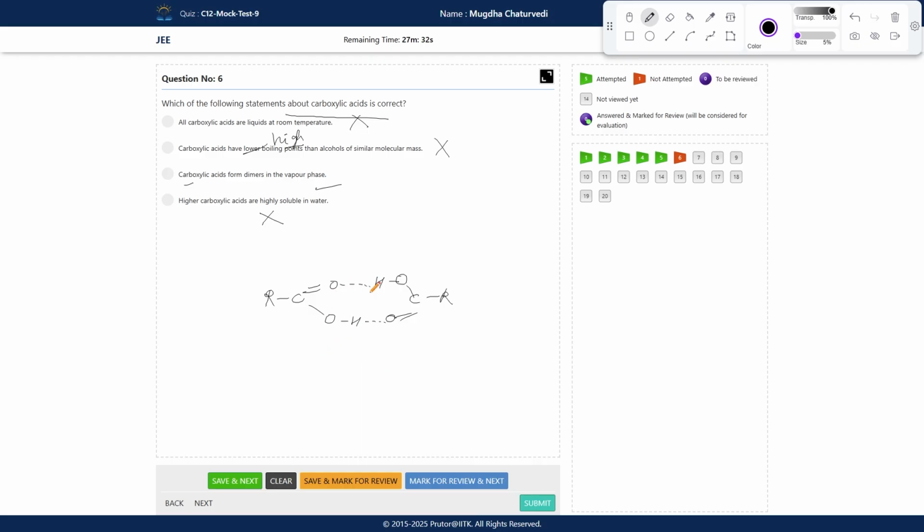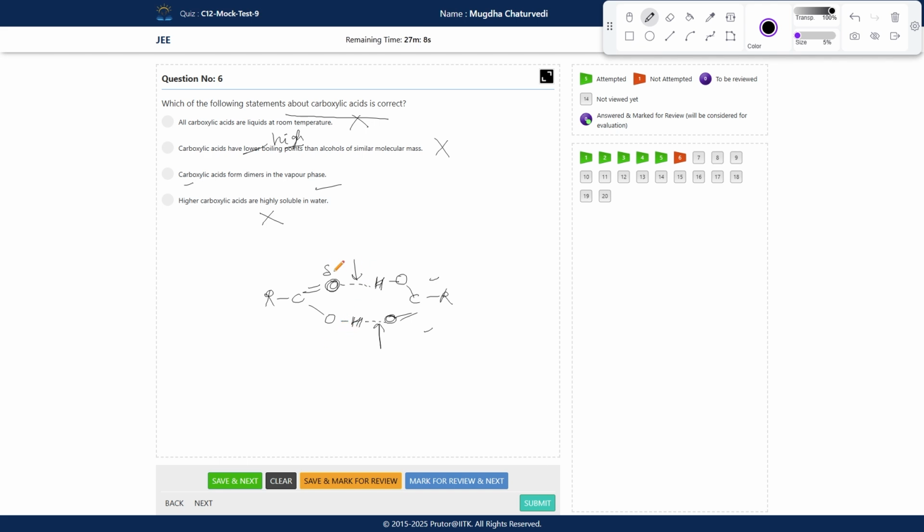There are two hydrogen bonds happening, one is this and one is this. One is between this carbonyl oxygen and the hydrogen of the other carboxylic acid, and one is between the oxygen of this carboxylic acid and the hydrogen of this one. So they exist in the form of dimers in the vapor phase.